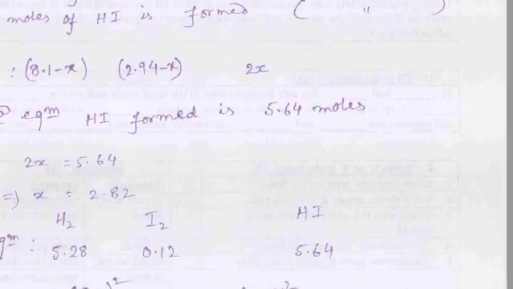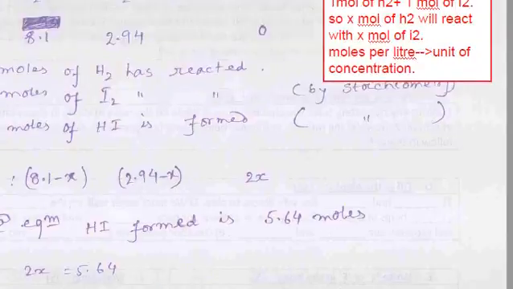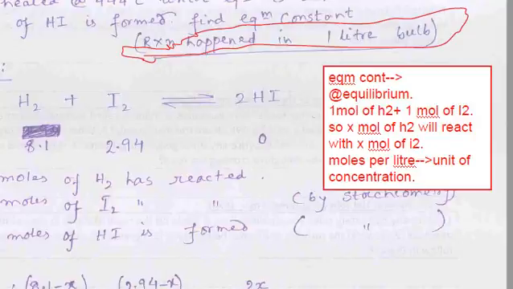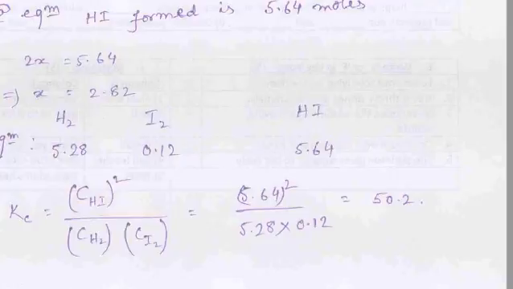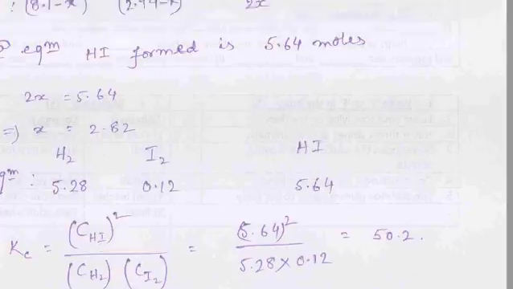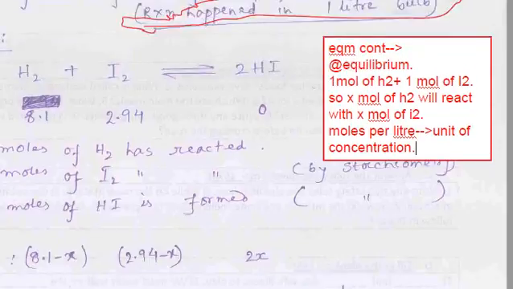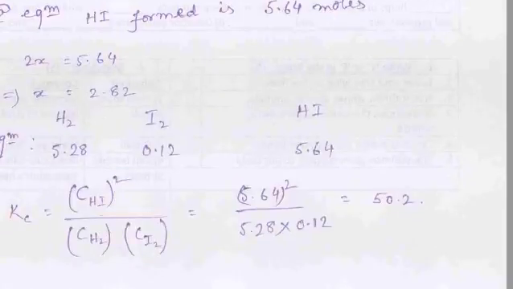So we already know the Kc formula: concentration of the product raised to the power of the number of moles of product formed as per the stoichiometric equation, divided by the product of concentrations of the reactants raised to the power of their number of moles. But here the number of moles is 1 and 1, so nothing needs to be done. I just put in the values and I get the value of the equilibrium constant as 50.2.